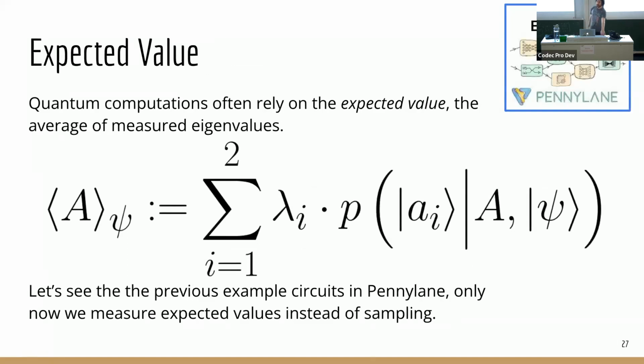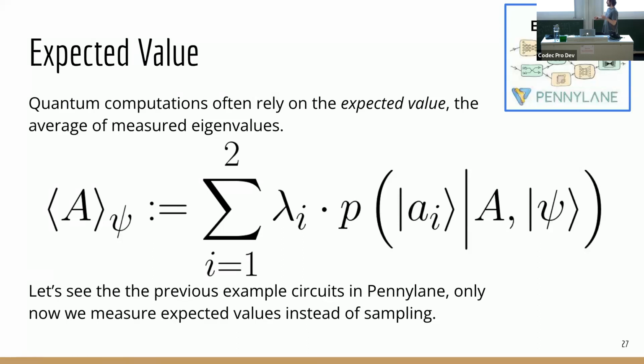A very important statistic of a single qubit circuit is the expected value. All that the expected value is, is the average of the measured eigenvalues. The notation that you will see when describing the expected value is as follows.